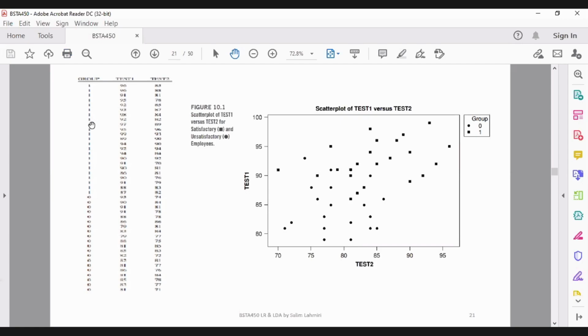So we got the group of ones and the group of zeros. We got the results corresponding to test 1 and the results corresponding to test 2, and we also got the scatter plots of the results.